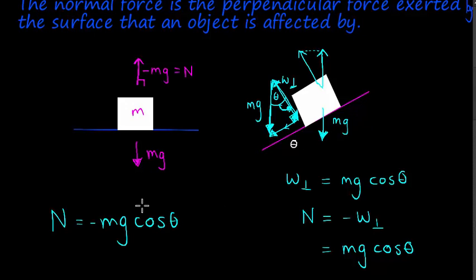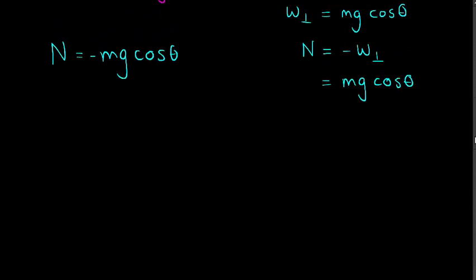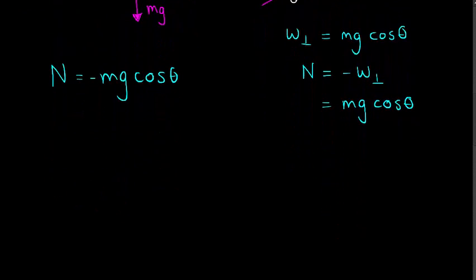But the problem with that formula is that it's just not always the case. It's not always the case that the normal force is carrying all the weight perpendicular to the surface, even if my surface was horizontal. Let me show you an example. But before I get to that example, let me quickly show you where this is going to become very important.